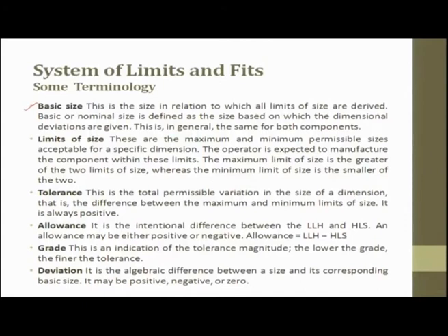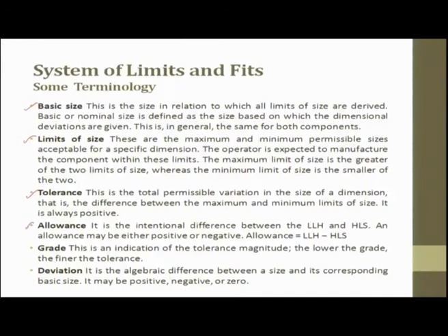The tolerance is the total permissible variation in the size of a dimension. For example, 40 plus or minus 0.2 we say. So, the difference between the maximum and the minimum limits of size is nothing but the tolerance. Tolerance is the difference between maximum material and minimum material.